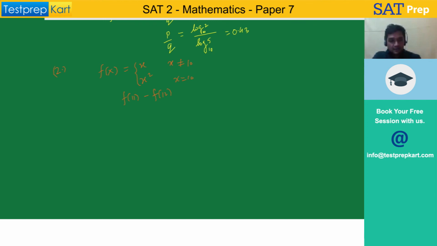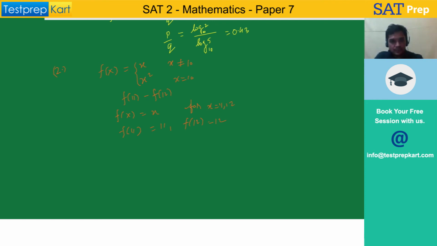So here f of x equals x, for x equal to 11 and 12. So f of 11 equals 11, and f of 12 equals 12.